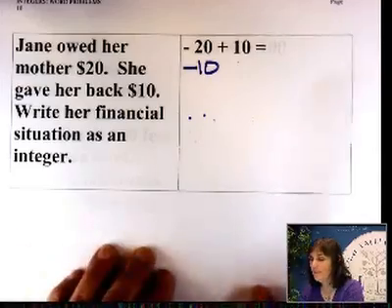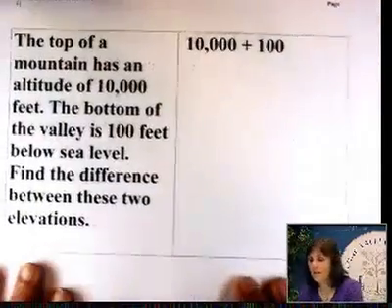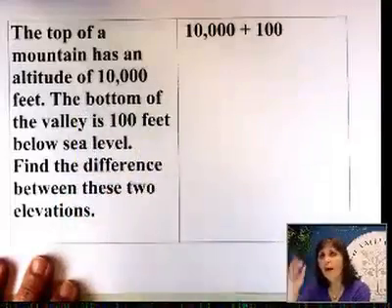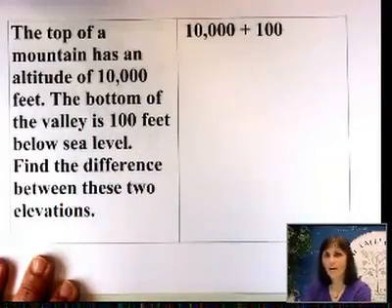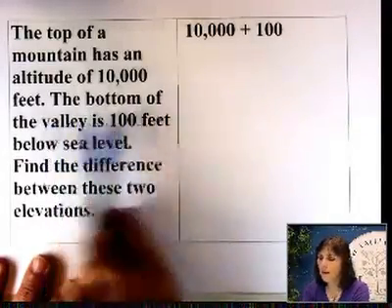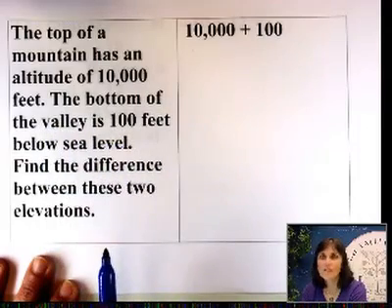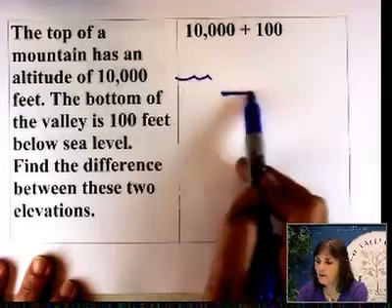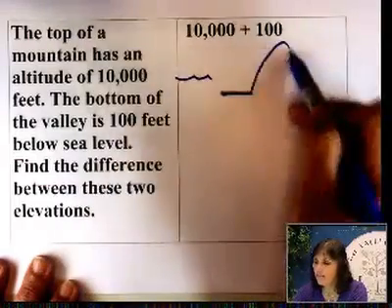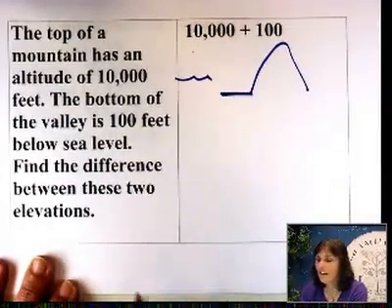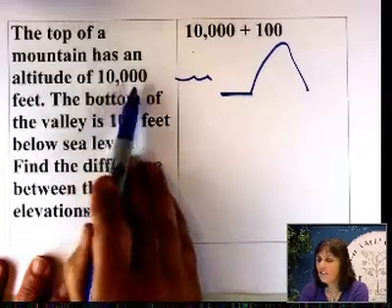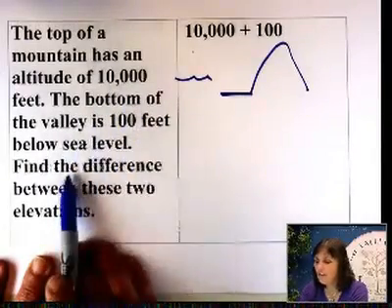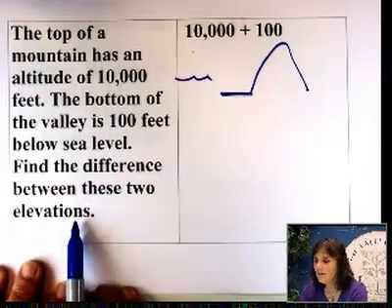All right. Another one. The top of a mountain has an altitude of 10,000 feet. Mountains, those kind of things that go up, positive. The bottom of the valley is 100 feet below sea level. Do you understand that? So here's my sea level, but the valley is someplace down there, and then you have a mountain. Always try to draw something. Find the difference between these two elevations.